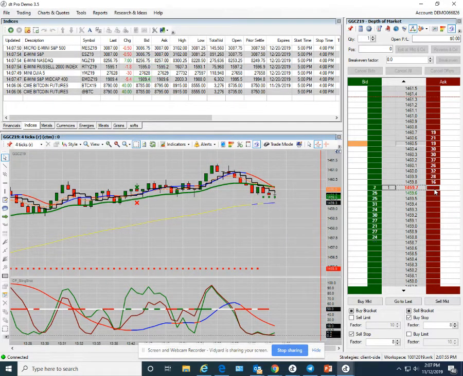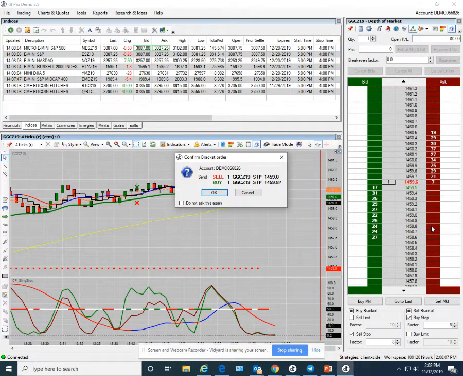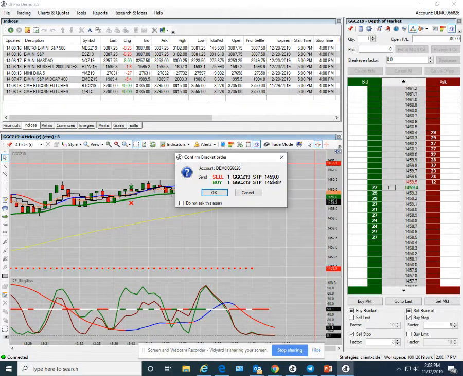Conversely, if the market's at 1459.70, and we want to place a protective stop or maybe an entry below the current market price, we right click in the red and we create a sell stop. It could be a protective stop or it could be a new entry.